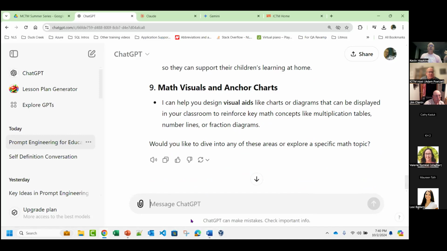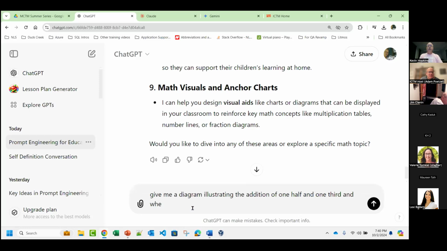Actually, since it says that, let's try something here. Give me a diagram illustrating the addition of 1/2 and 1/3 and why a common denominator is important.